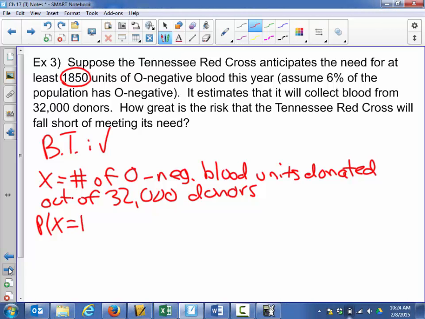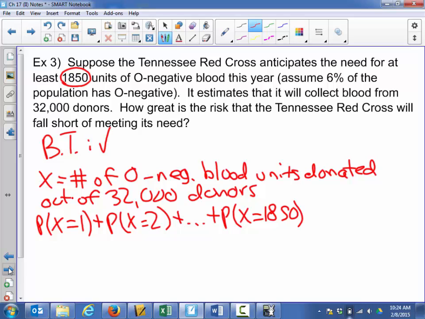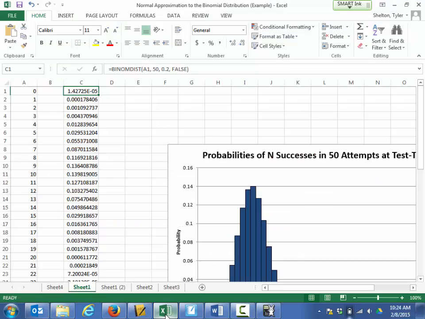That's the probability that we have only one success, only one O negative donor out of 32,000, plus 2, plus onwards and onwards up to 1850. Okay? So holy cow, who wants to evaluate by hand 1,850 different disjoint probabilities? No one. There's an easier way to do this, and this involves a different model to approximate the binomial.